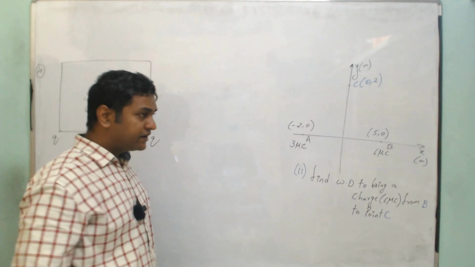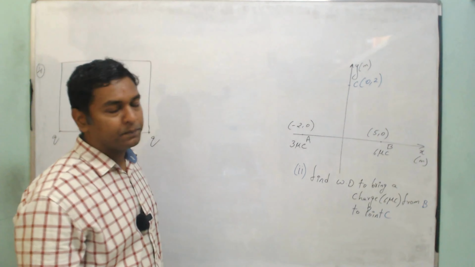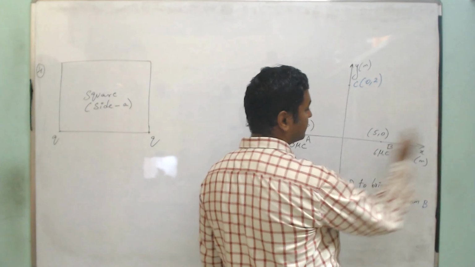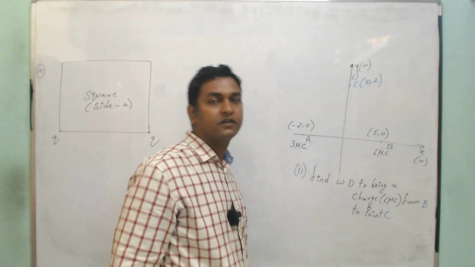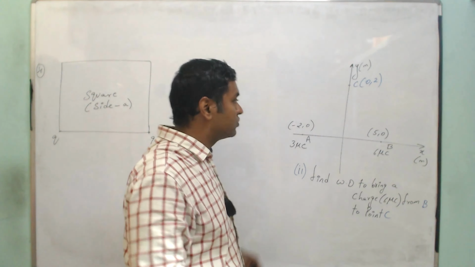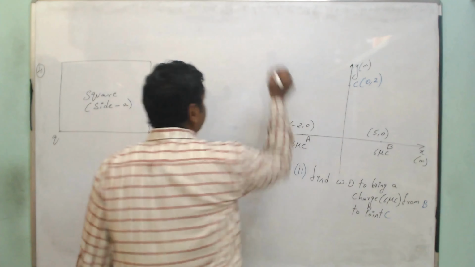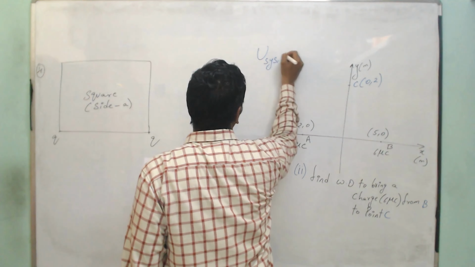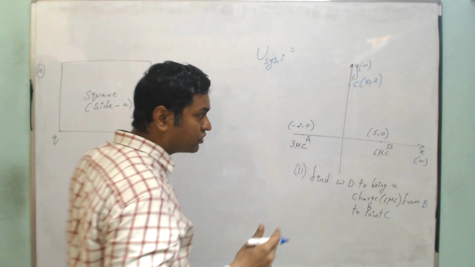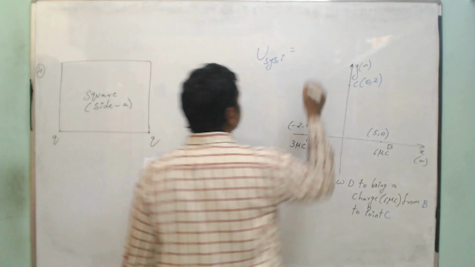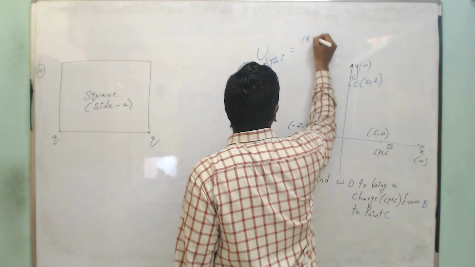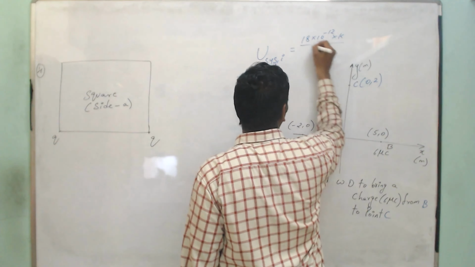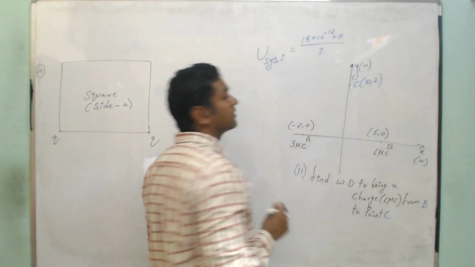See, we defined the potential energy of the system as the work done to bring that point charge from infinity to this point, right? Yes, sir. Now, with that particular definition, I can say the potential energy of the system initially is equal to, we already found it, 18 into 10 to the power minus 12 K by 7. We just did that, right? Yes, sir.